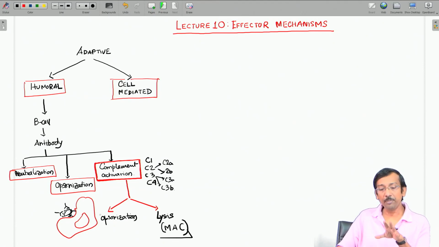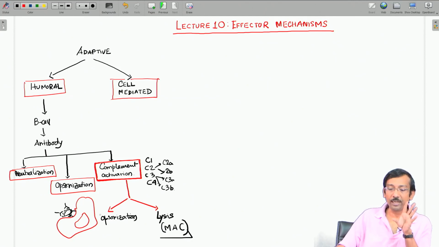For the time being, we just need to know that the antibodies by themselves alone cannot do much. They also require some other effector molecules, some kind of receptors or proteins that help them to opsonize or kill the target cells or pathogens.